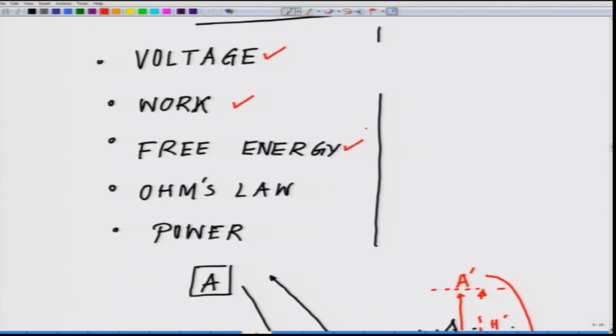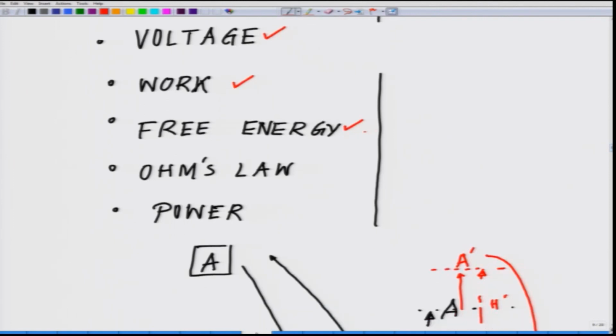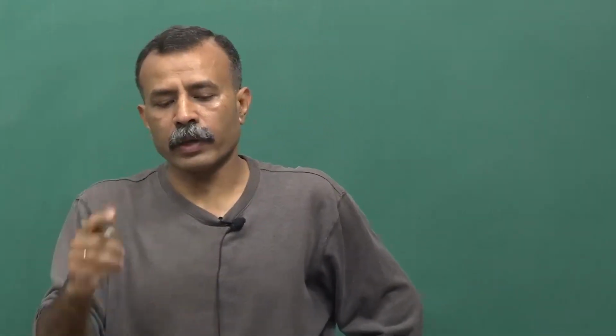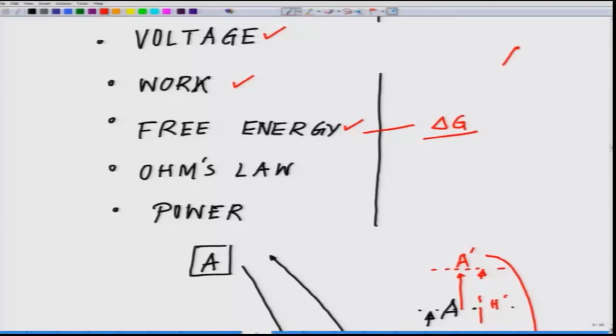Now, we will talk about the free energy, which is represented by delta G. Those of you who remember the delta G concept: if delta G is negative, it means the work will happen spontaneously. Say for example, this is at a higher height and this is at a lower height, water will fall spontaneously. You do not need to do any work. You drop the water, water will fall down.